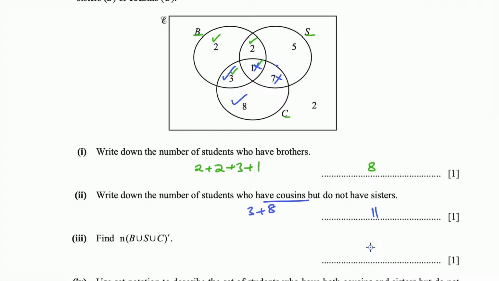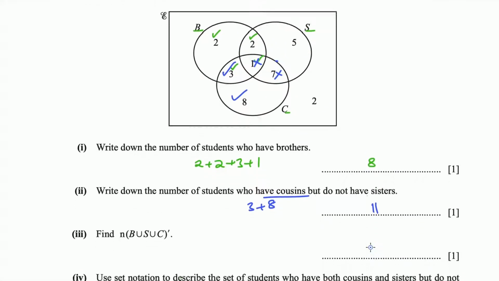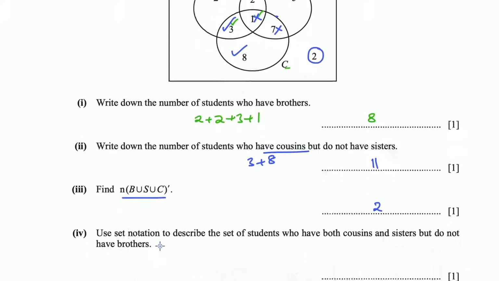Now, third part. Find n of B union S union C whole dash. So this is the entire number of values that are outside of the circle figures. So it is 2. Only these are not included in B union S union C. Okay.